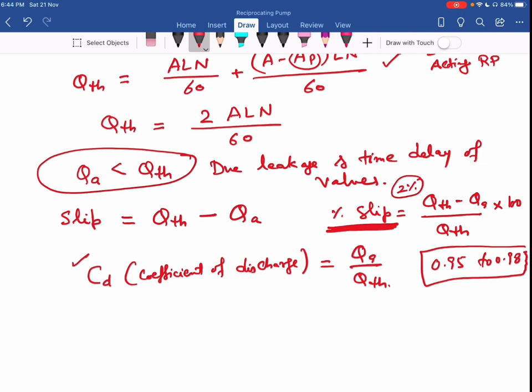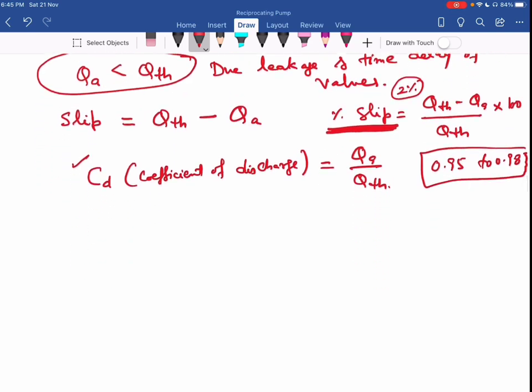Now, in case of a reciprocating pump, it is not always true that my actual discharge is less than the theoretical discharge. So in case of a reciprocating pump, we have negative slip also. When there is a negative slip, my QA is greater than QTH, so that means the actual discharge is more than the theoretical discharge.